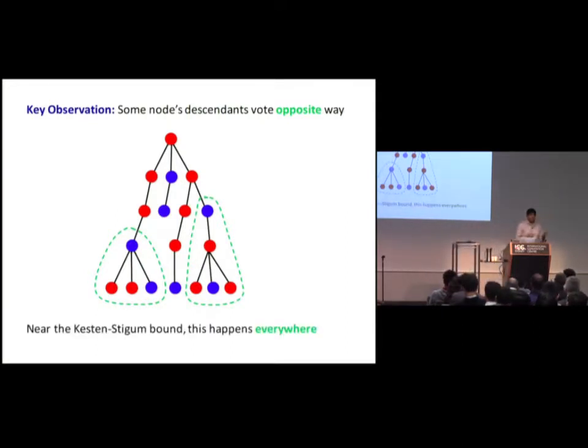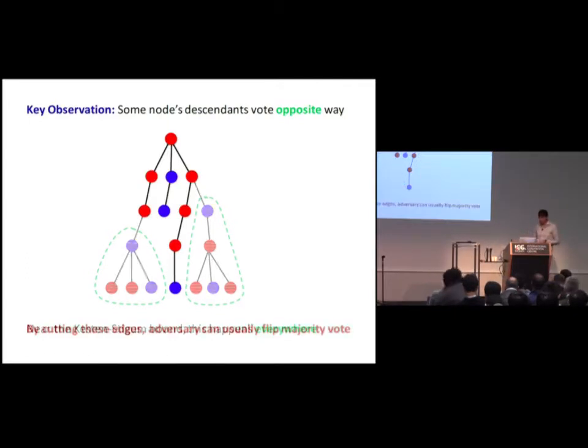So the key point is that actually near the Kesten-Stigum bound, all of a sudden this starts happening everywhere in the tree. Being able to still recover the root with probability better than 50-50 is really about exploiting this phenomenon exactly as often as the probabilistic model posits it happens. Once you tie your hands and you're not allowed to exploit this phenomenon, all of a sudden the sharp threshold moves, and things that were possible, like majority reconstruction, go out the window.